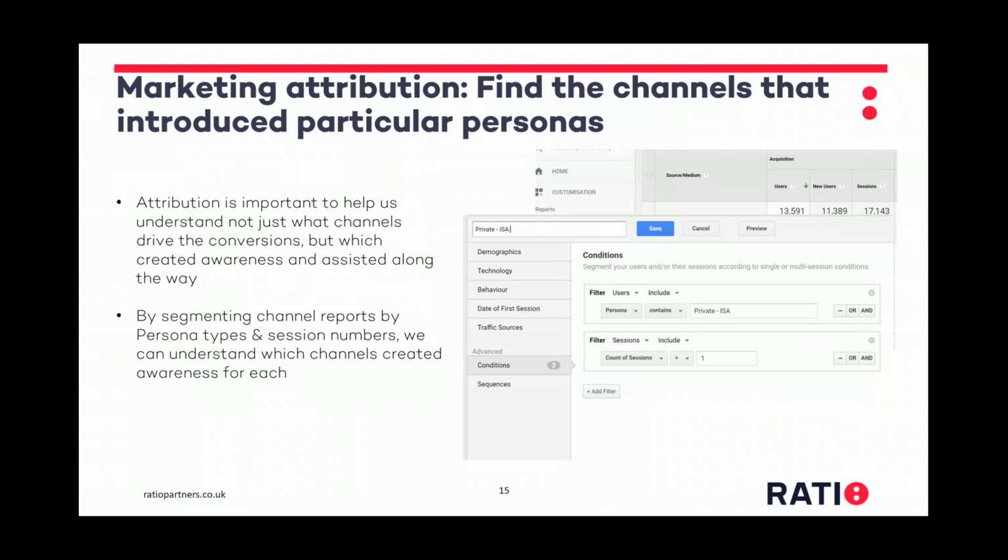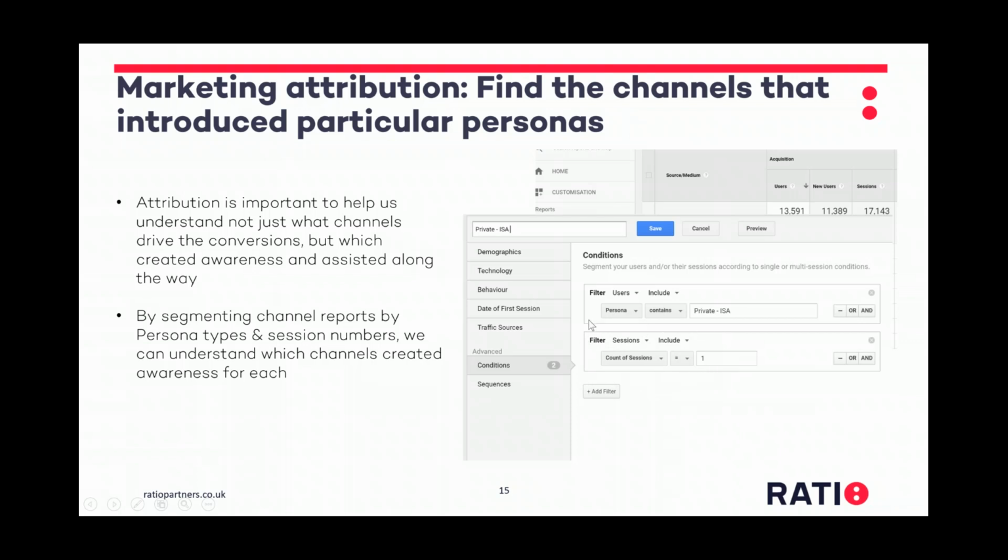You can do marketing attribution once you've got this information in Google Analytics. For argument's sake, if we know that someone has a persona of type private ISA, depending on what the business is, we could use this segment.